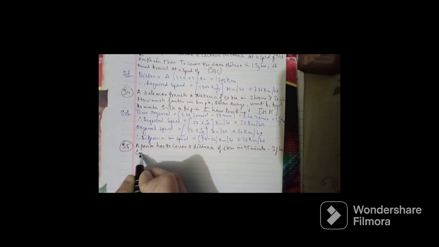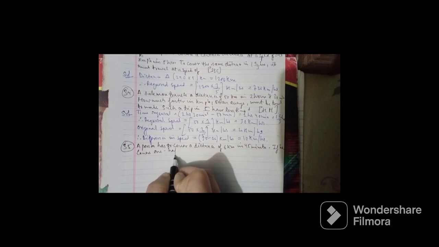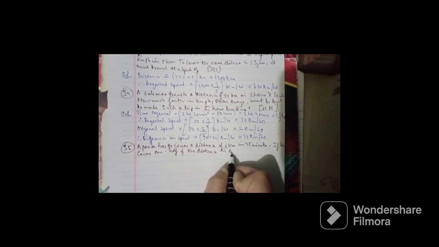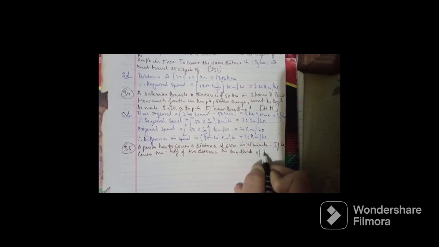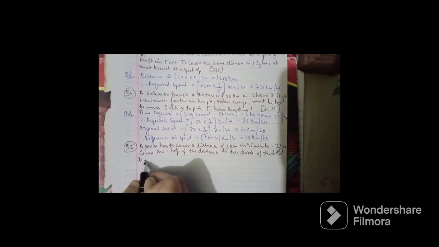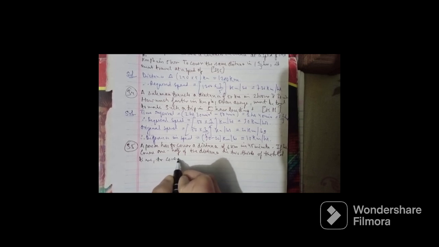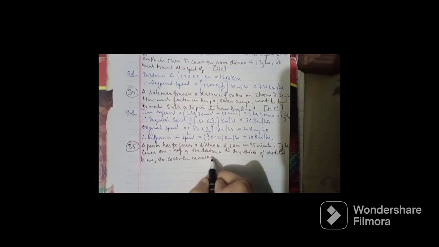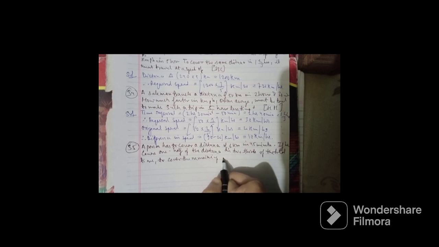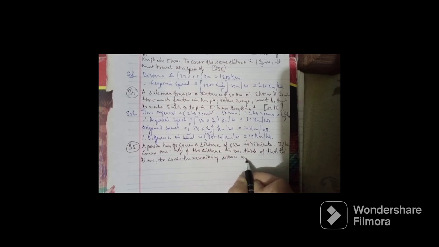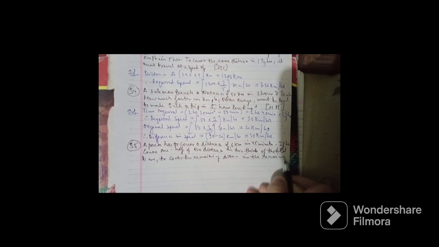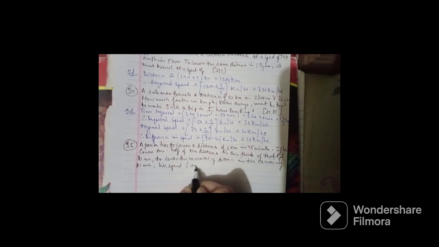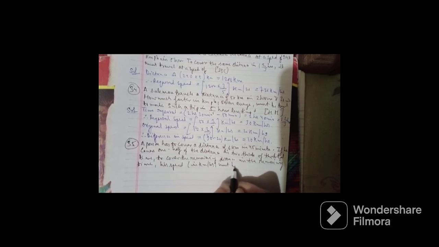If he covers 1/2 of the distance in 2/3 of the total time, to cover the remaining distance in the remaining time, his speed in kilometer per hour must be.